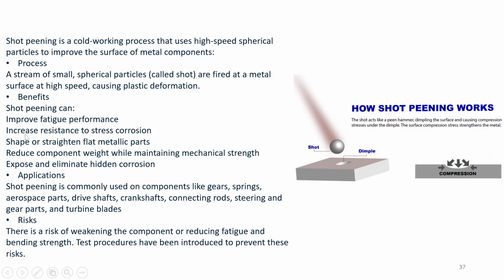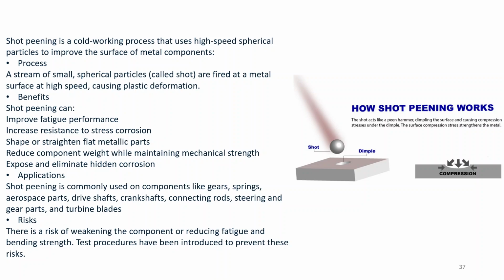Its benefits are that it improves fatigue performance, increases resistance to stress corrosion, provides shape or strength, straightens flat metallic parts, reduces component weight while maintaining mechanical strength, and exposes and eliminates hidden corrosion.